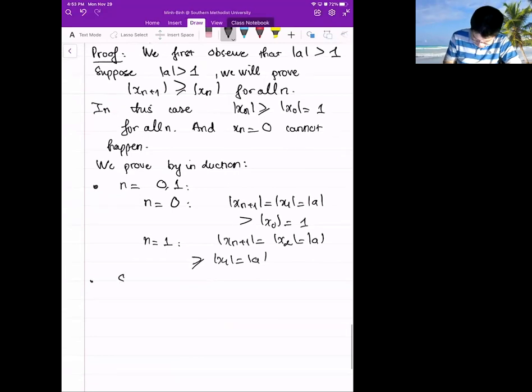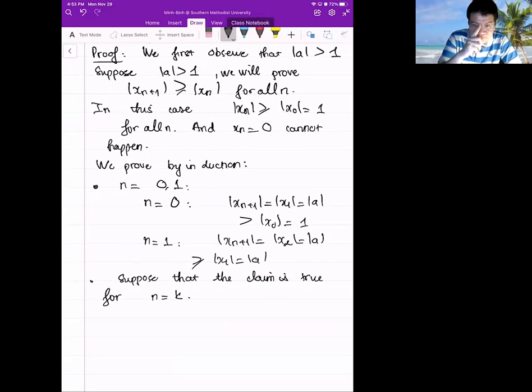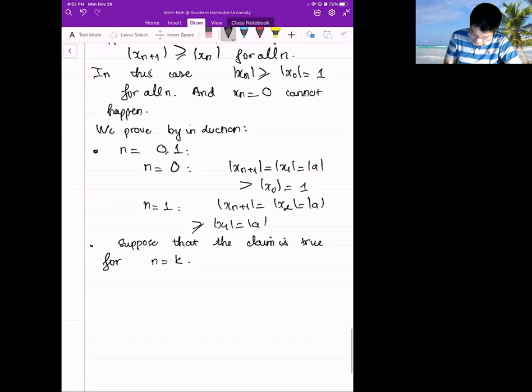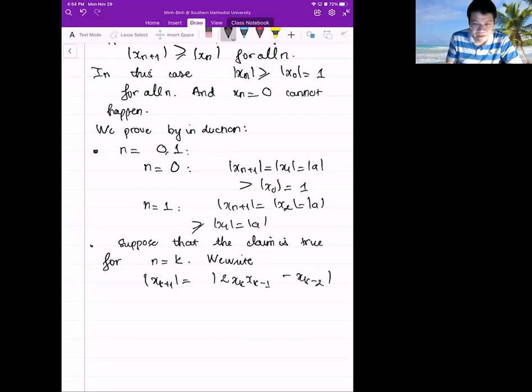So now suppose that the claim is true for n equal to k. So in this case, you write x_{k+1} to be 2 x_k x_{k-1} minus x_{k-2}, all right?